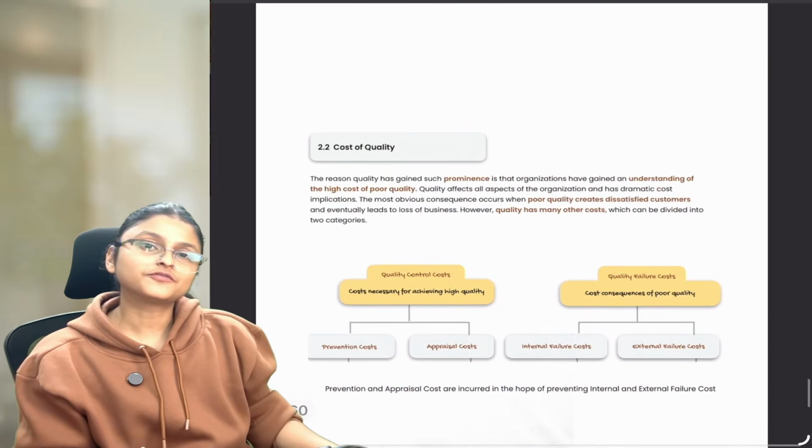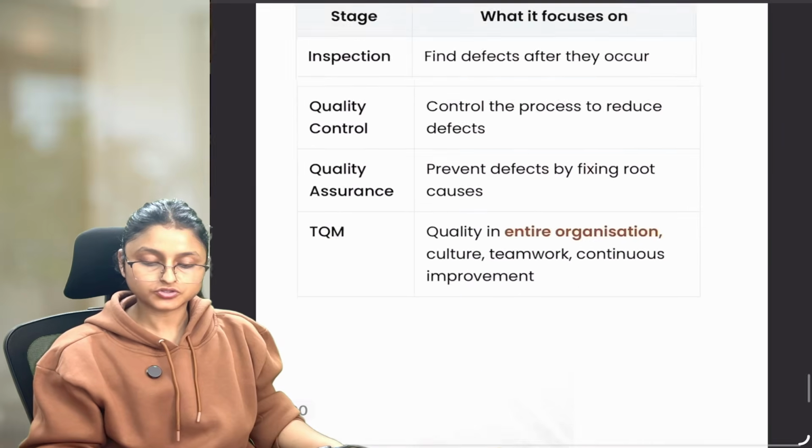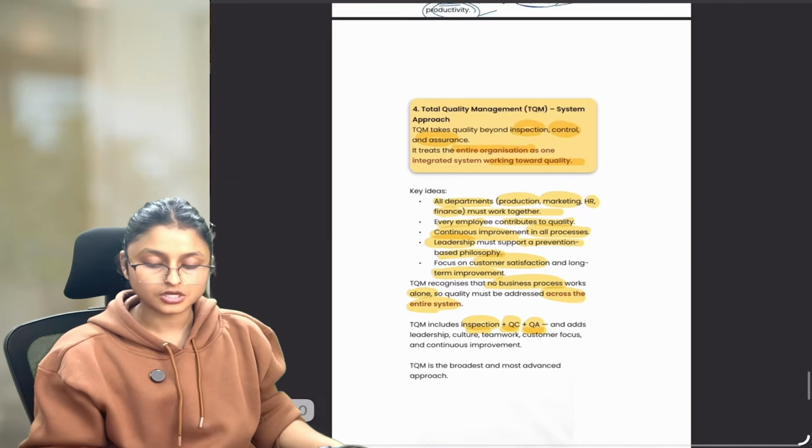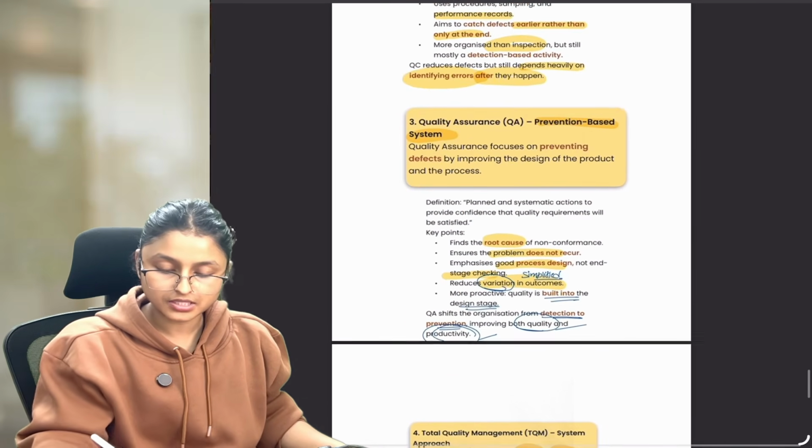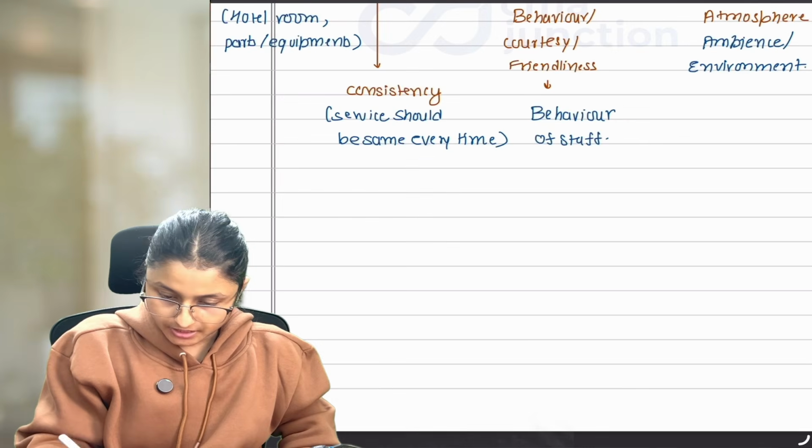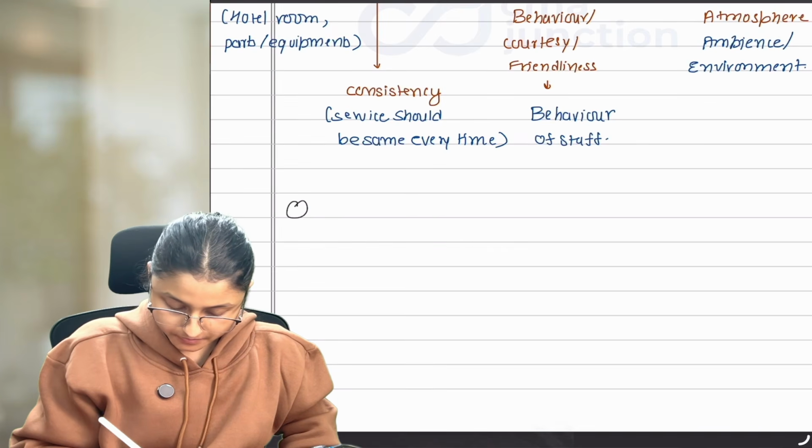Now comes cost of quality. But before going into cost of quality, let's just write these stages of quality management first, and then we will move forward. Write it down. Quality management.